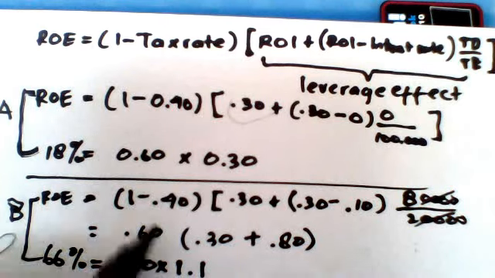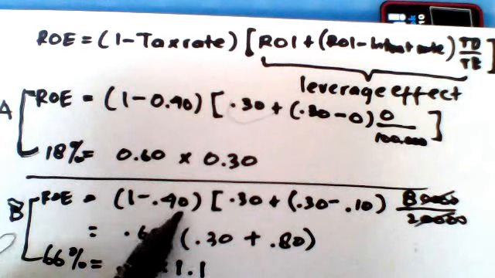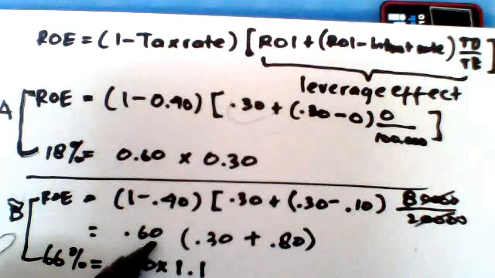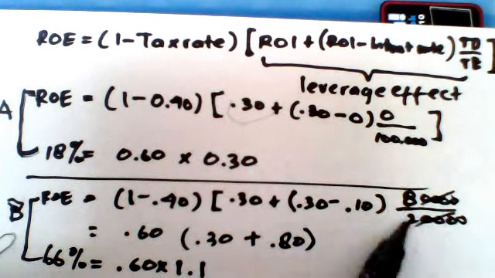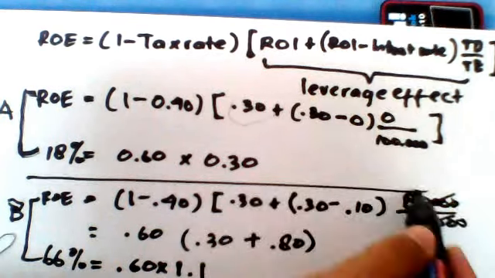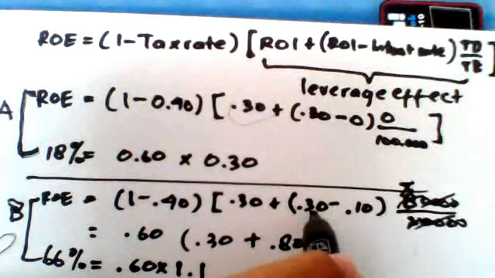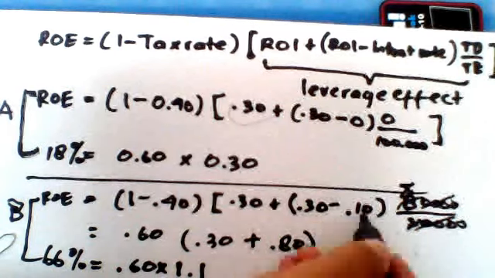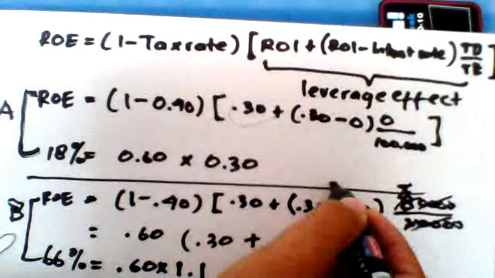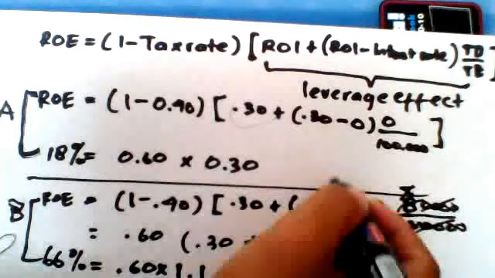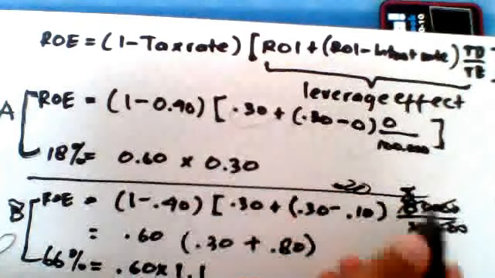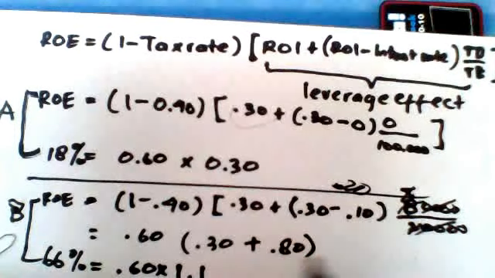So we calculate 1 minus 0.40, the tax rate, which is 0.60. Then inside this bracket, 80 over 20 is going to be 4. This one, 0.30 minus 0.10, is going to be 0.20. 0.20 multiplied by 4 is 0.80.